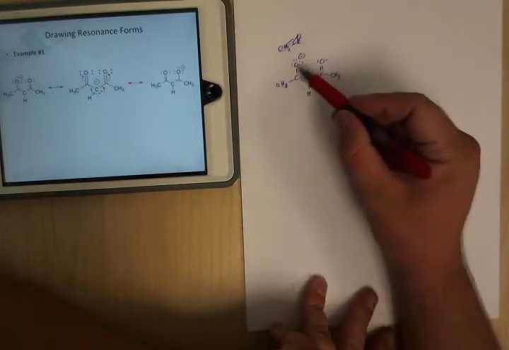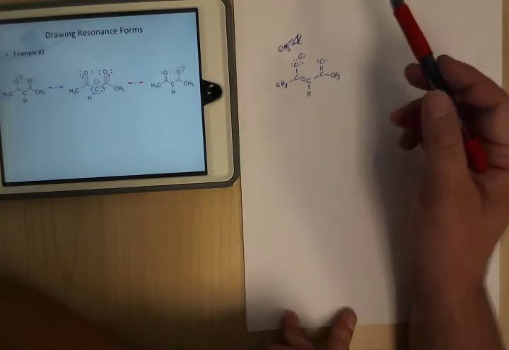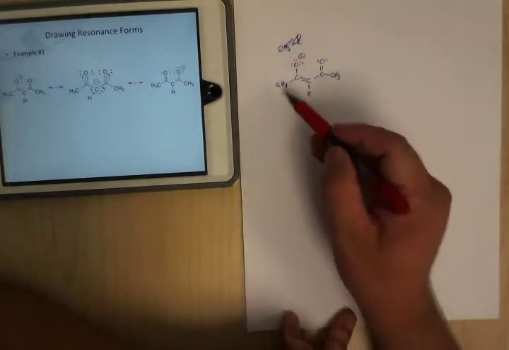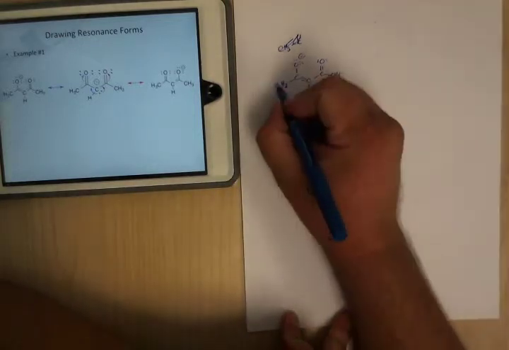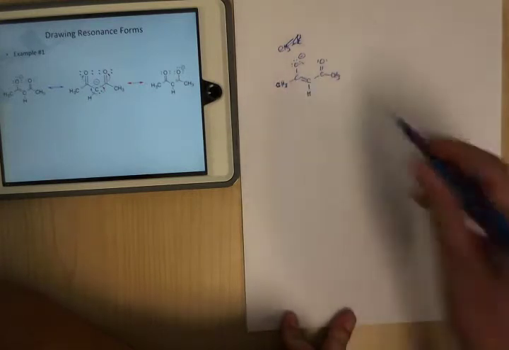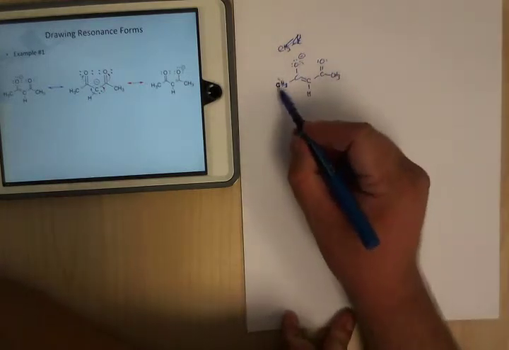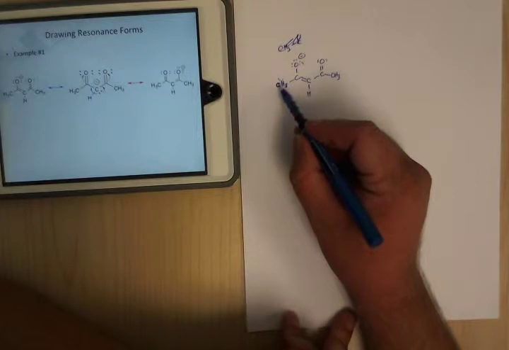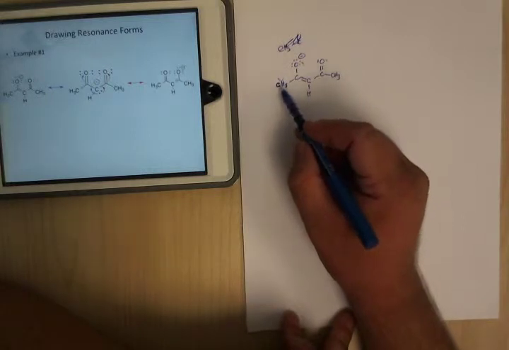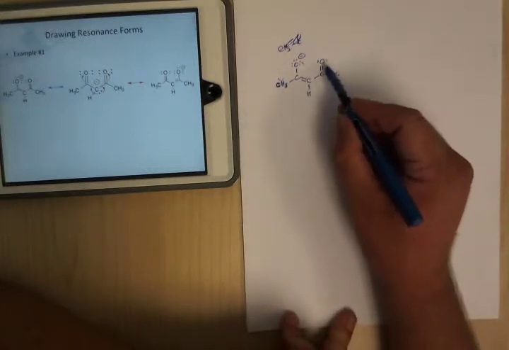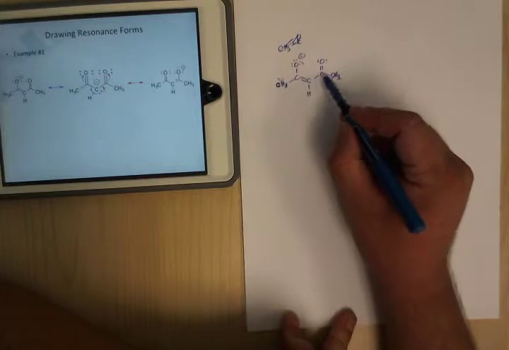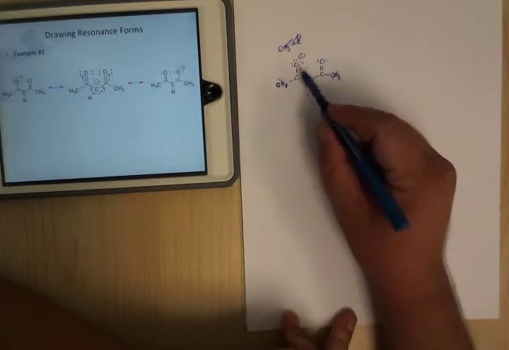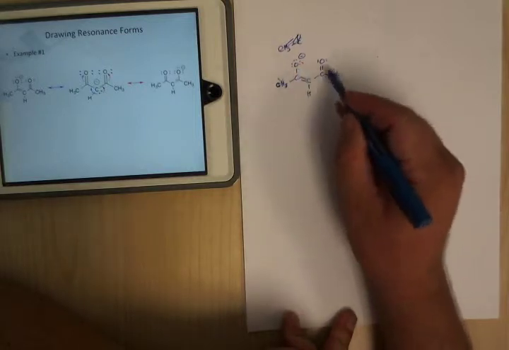The first thing we should probably do is figure out which atoms could participate. This one's a poorly formed CH3, so this guy can't participate, because it doesn't have a lone pair or charge or double bond. Same with this one here. But all these other ones can participate. These two guys are in a double bond, these two guys are in a double bond, and this one has lone pairs, so these can all participate.